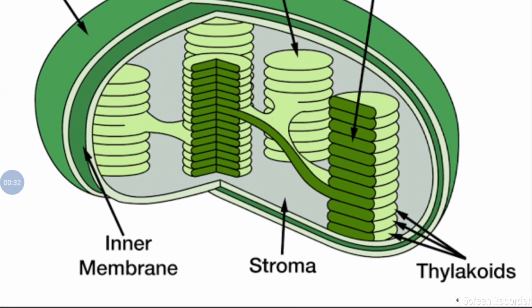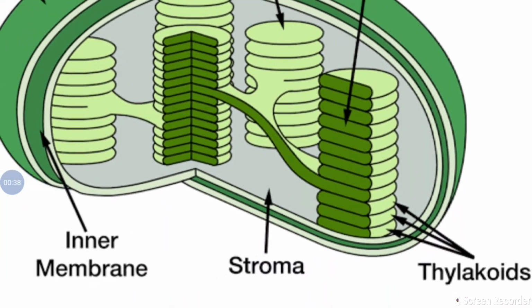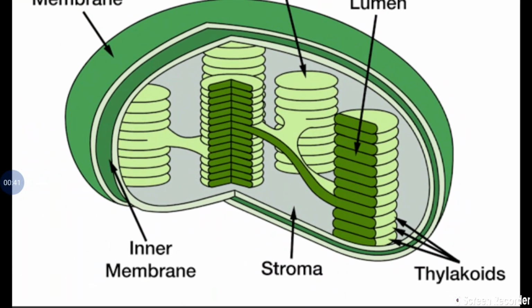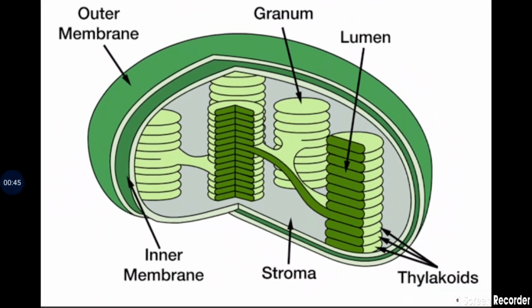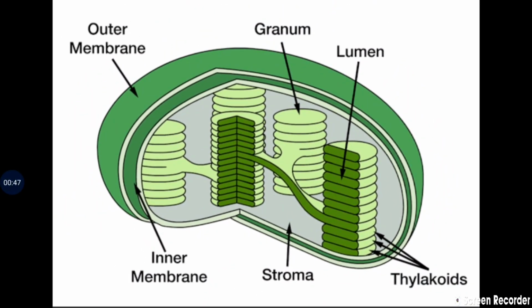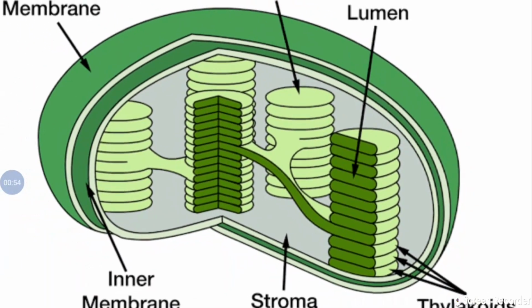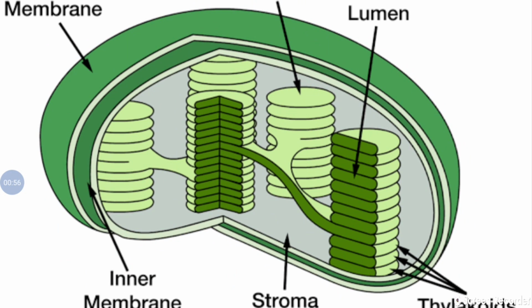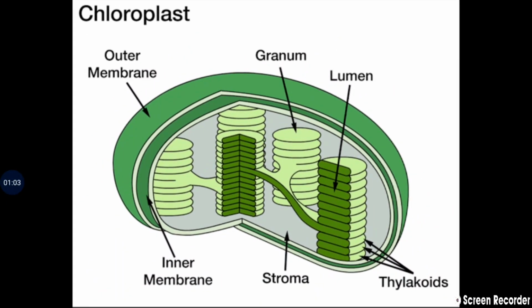There are 70S ribosomes, similar to prokaryotic ribosomes, involved in protein synthesis. So chloroplasts are mainly useful for starch synthesis, that means photosynthesis, protein synthesis, lipid synthesis, and even fatty acid synthesis. All these functions can be performed by the chloroplast.